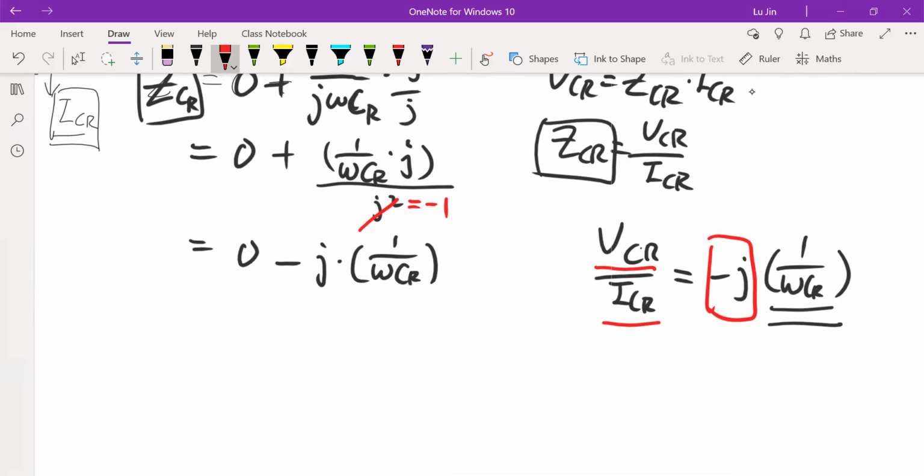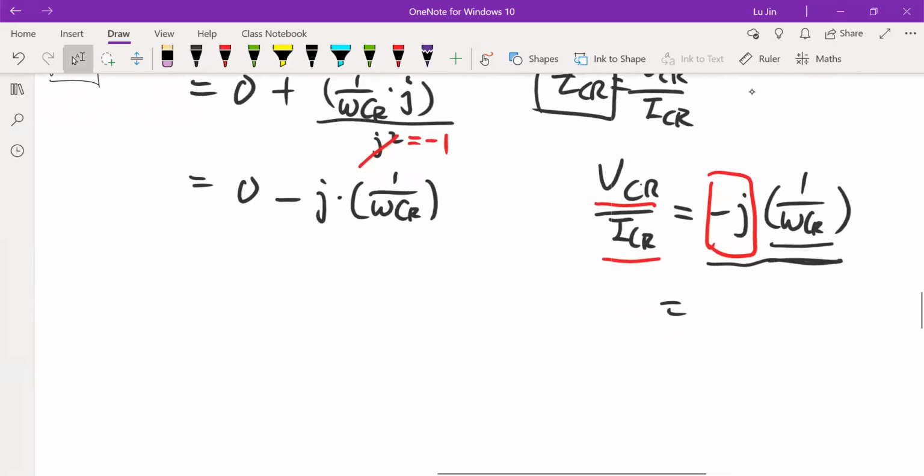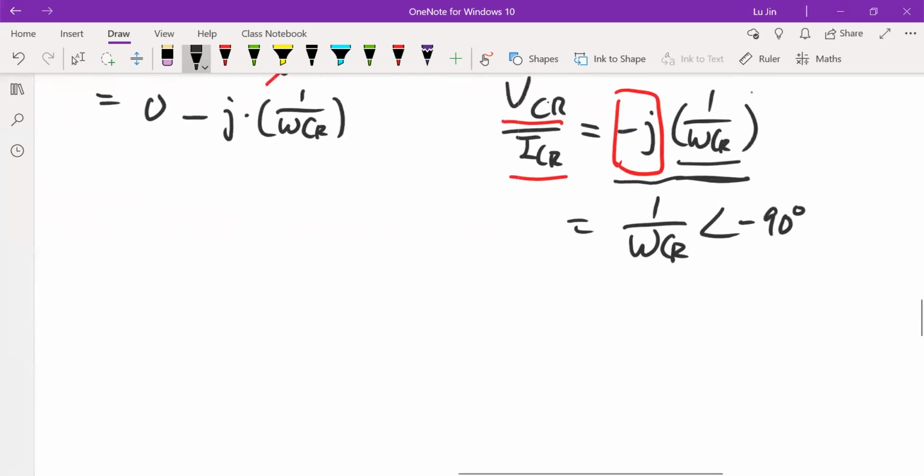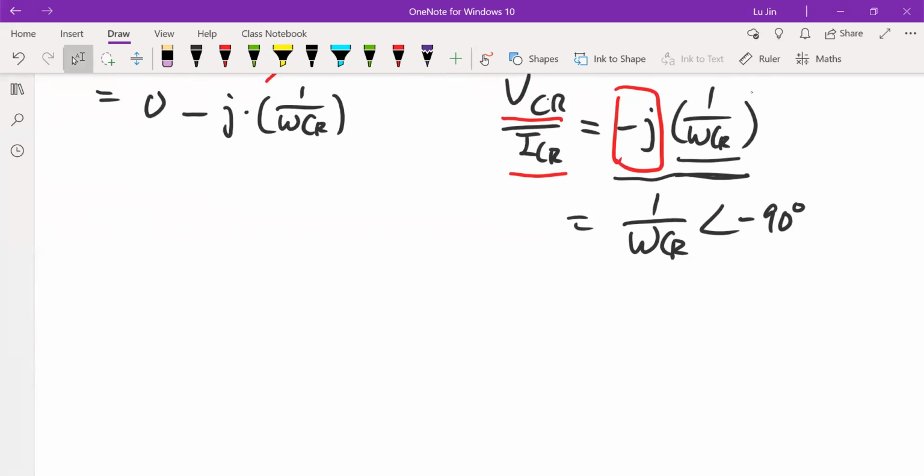So this result can be interpreted as 1 over omega C_R, the magnitude of this phasor, followed by negative j, which corresponds to a negative 90 degrees angle.